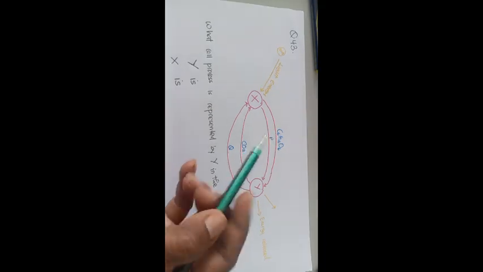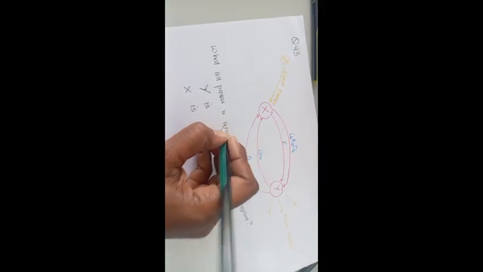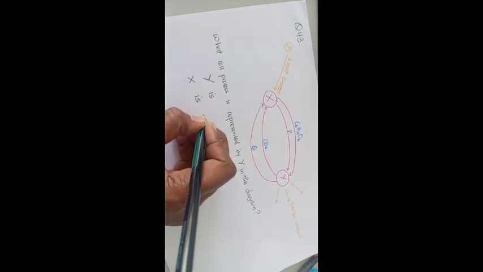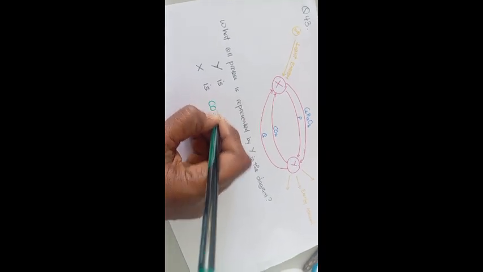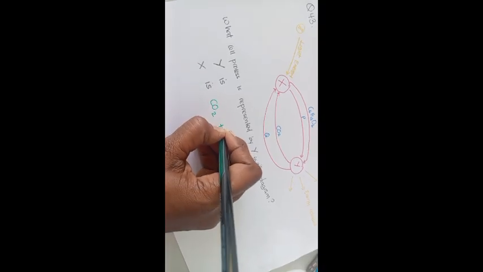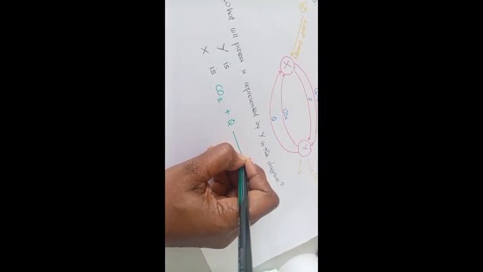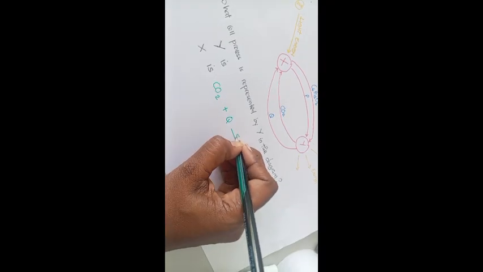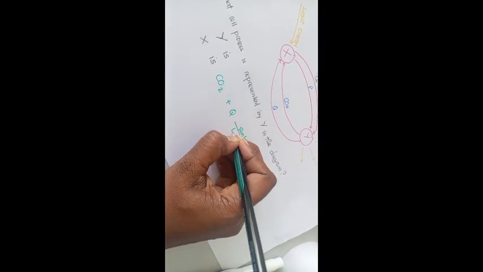So if you are writing it, X needs carbon dioxide, it needs Q, then in the presence of the sunlight, or we can say the light energy.